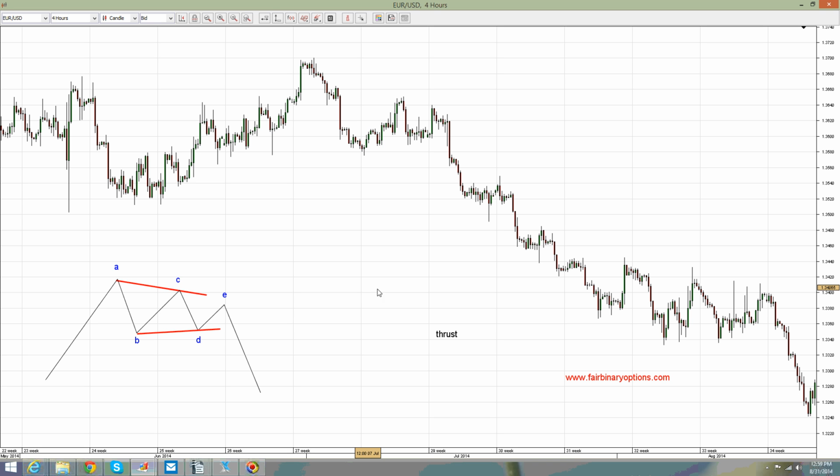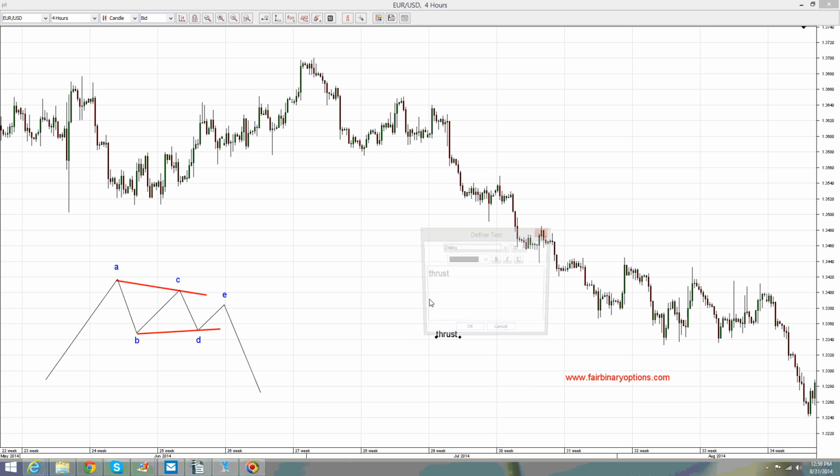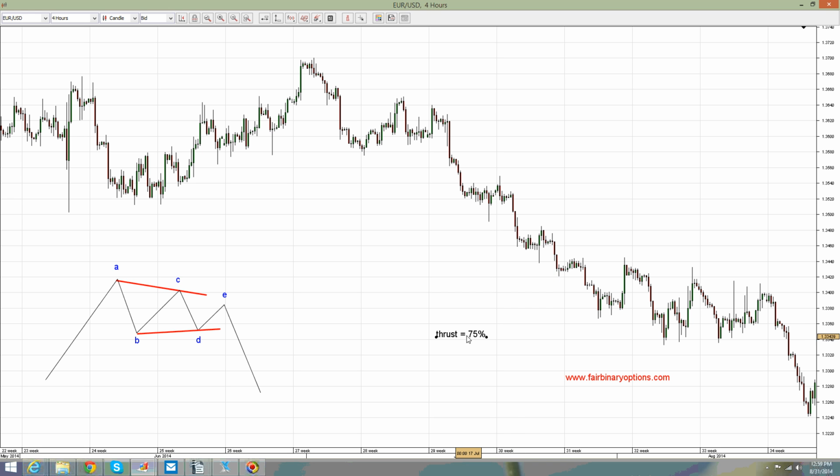The thrust of the contracting triangle, or the measured move if you want, represents 75% of the longest leg of the contracting triangle, and that brings into discussion what kind of triangle you have.